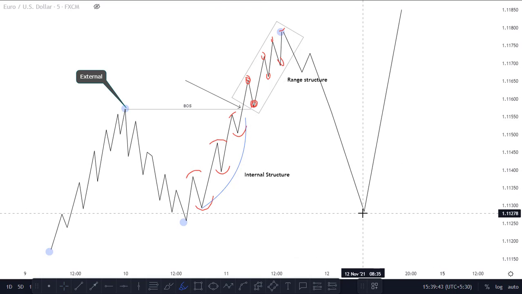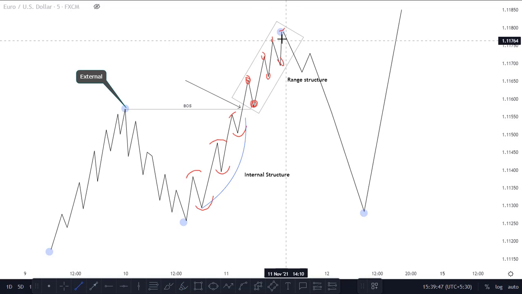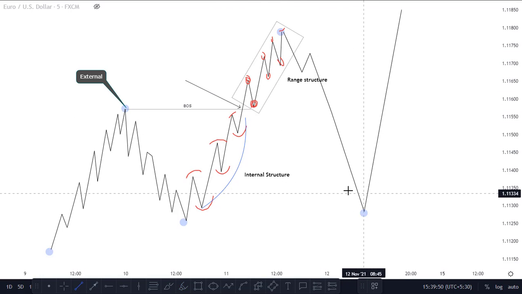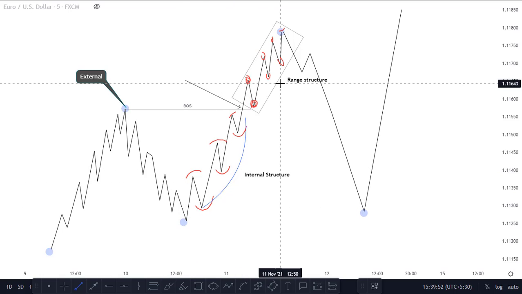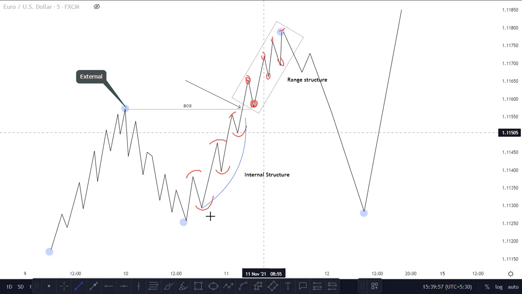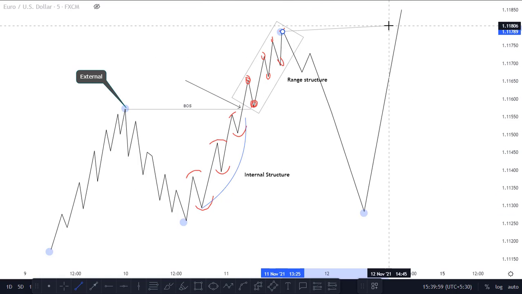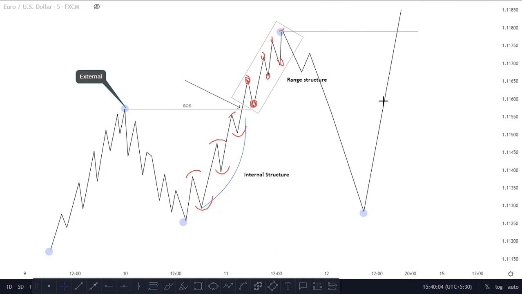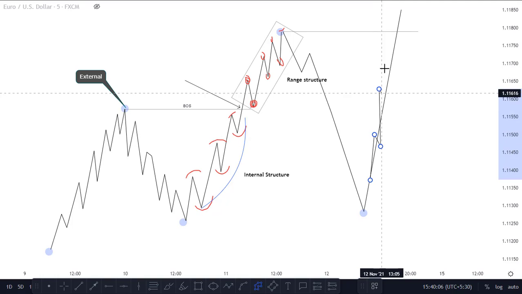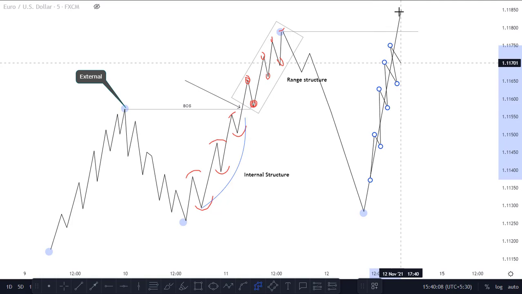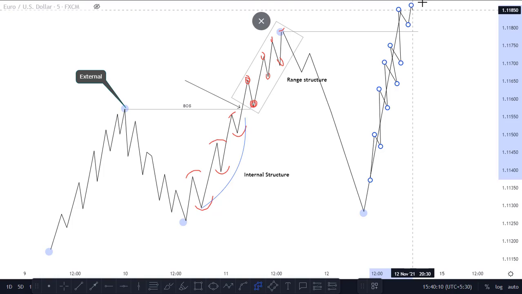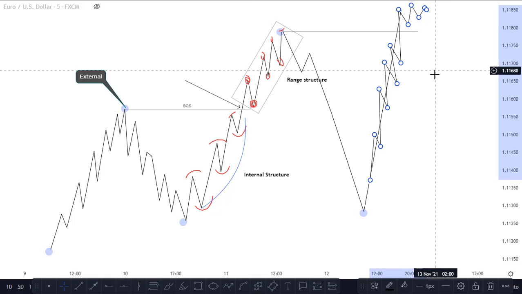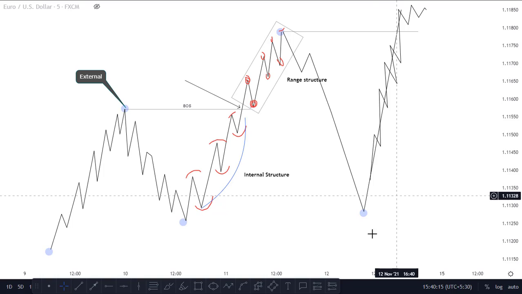I'm not going to share that now, but what I'm trying to show you today is how to read price by understanding your range and the anatomy of the range, because this will play a big role in the future. So this will be a break of structure, and you have to repeat the same. There will be internal structure taking place here, and range structure forming out of the range, before you get any other pullback.